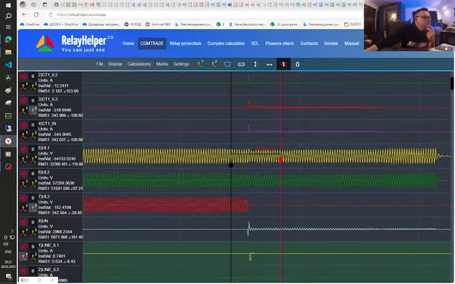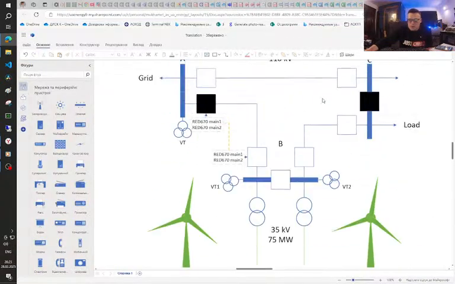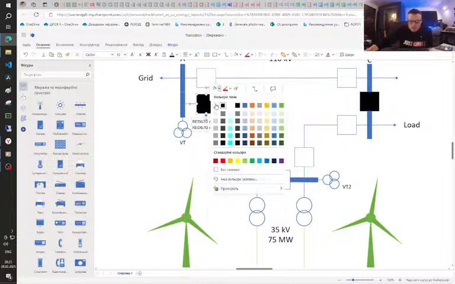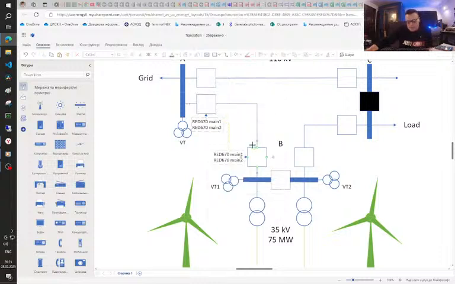So, I see. Remote sub-distance relay in service, show how blocking. I don't understand this question. Let's return to this picture. In this case, we only didn't have a communication channel between these two protections.